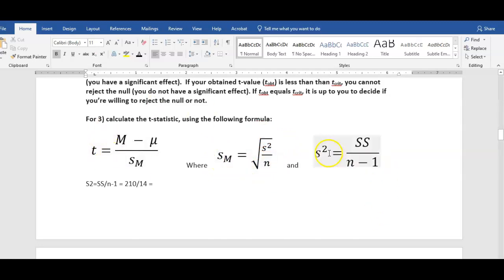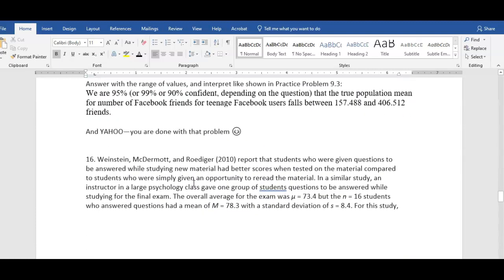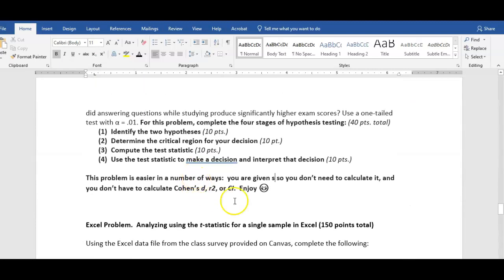You're plugging that in, so this problem leaves out that step. I don't believe you're going to have to do Cohen's d, R squared, or confidence interval in this problem. So enjoy the break.